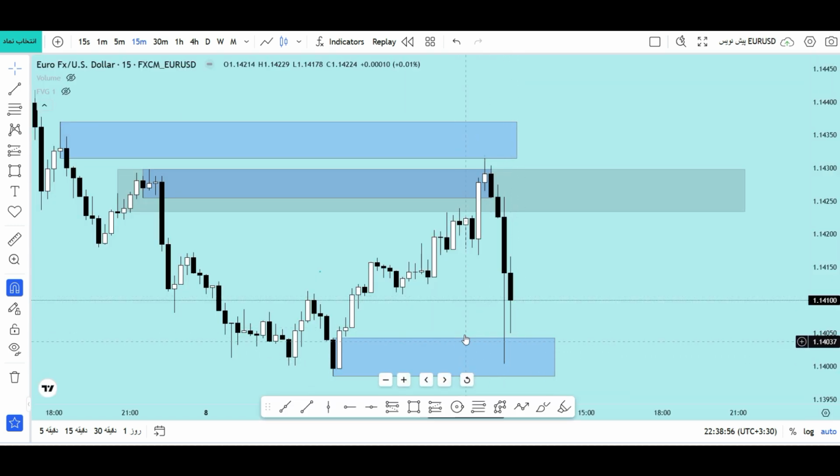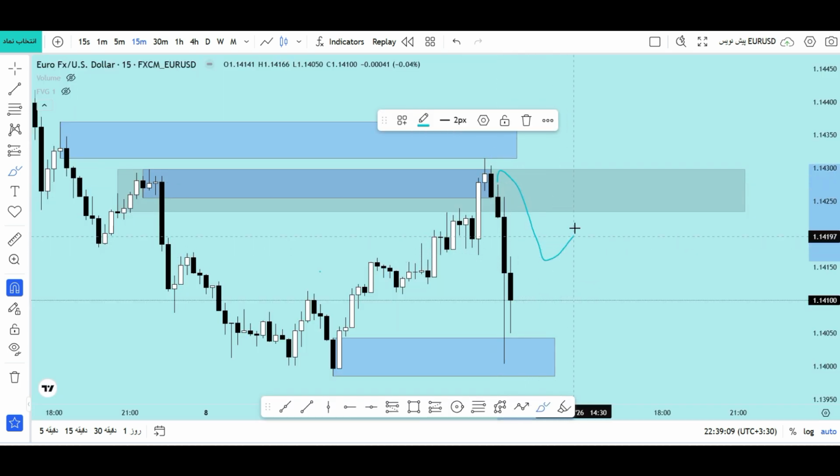So when price comes directly to the danger zone, we don't expect any trading. But if price comes to this zone and then goes up, we try to find the setup and enter the position, with profit until the end of this range.